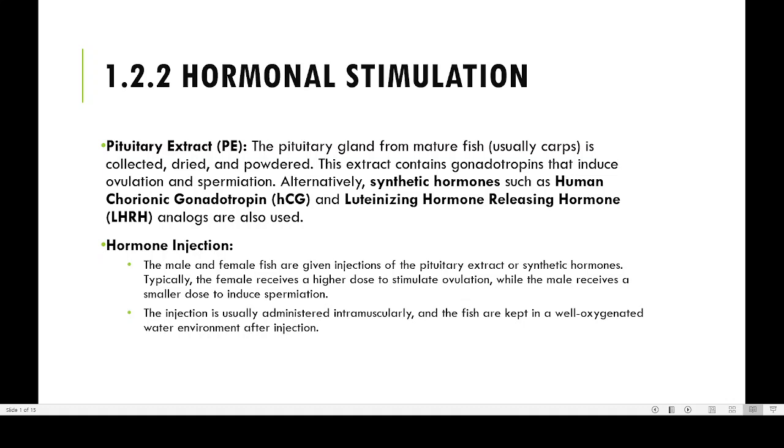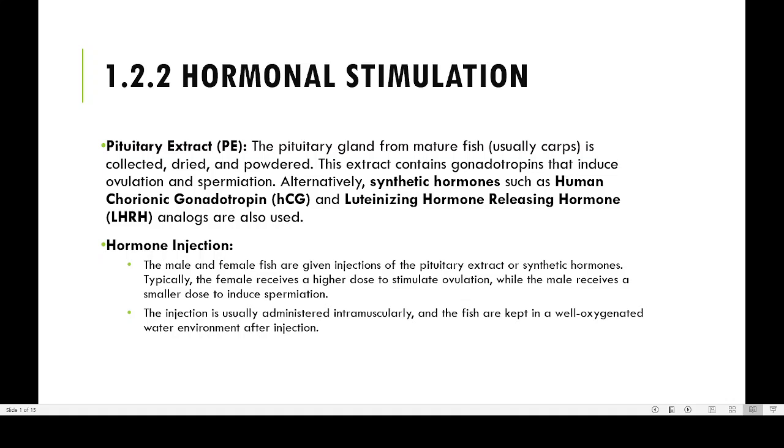That powder contains pituitary hormone. This hormone is injected into other fish, and this extract contains gonadotropin that induces ovulation in females and spermiation in males. So these are the two important processes.